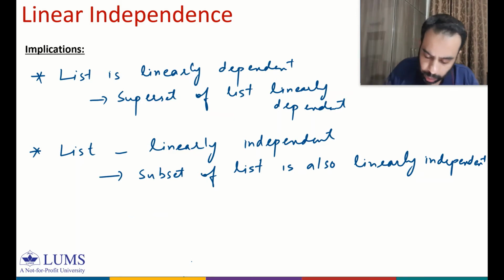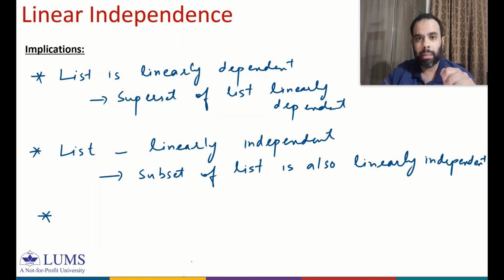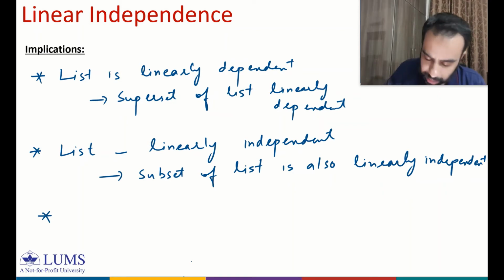Another implication would be if you have a collection of linearly independent vectors, and you represent any vector as a linear combination of linearly independent vectors, that representation is always unique. So what do we mean by this?